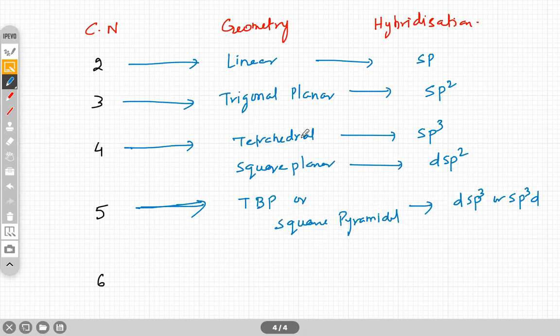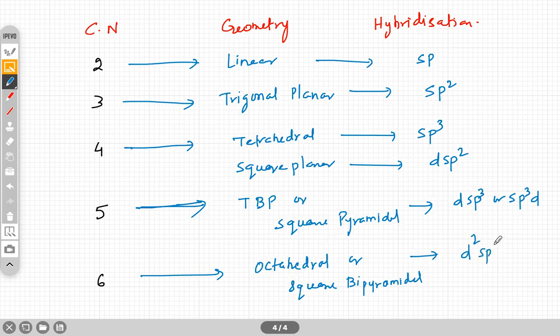Tetrahedral is sp3, square planar is dsp2. If it is 6, then we can have octahedral or square bipyramidal. Both are the same thing only. And the hybridization is d2sp3 or sp3d2.